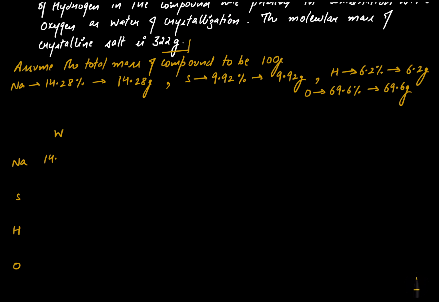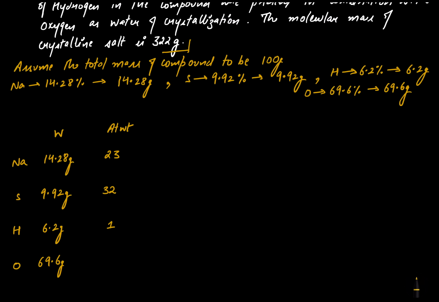It's 14.28 grams for sodium, 9.92 grams for sulfur, 6.2 grams for hydrogen, and 69.6 grams for oxygen. Now let us calculate their atomic weights. What's the atomic weight of sodium? It is 23. Sulfur is 32.